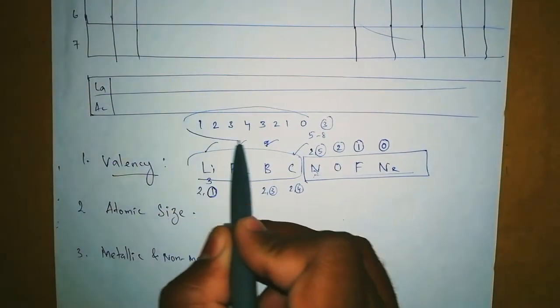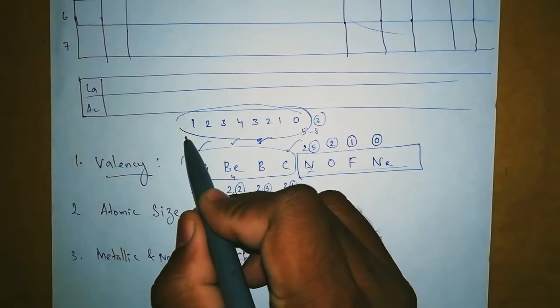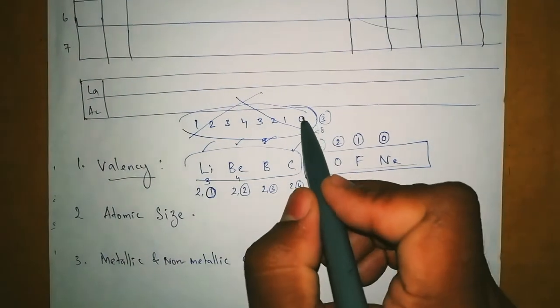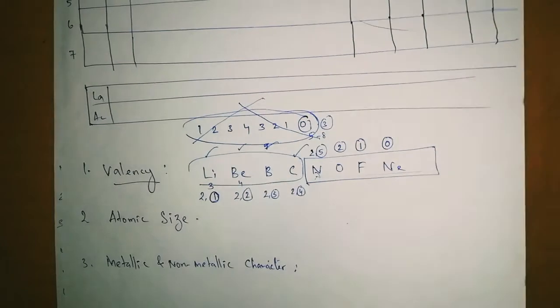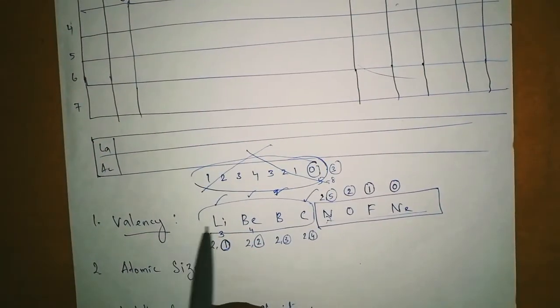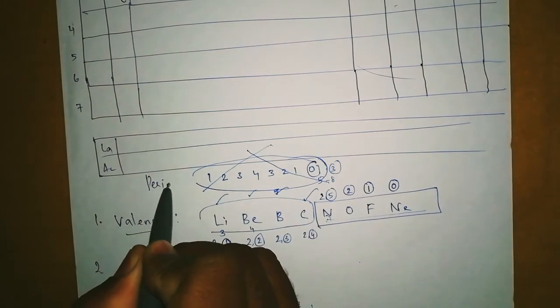So this is what the valencies look like. That means they steadily increase and then decrease as we go along, and finally it becomes 0 in the noble gases. This is how valency looks across the period. This we can see only across the period.